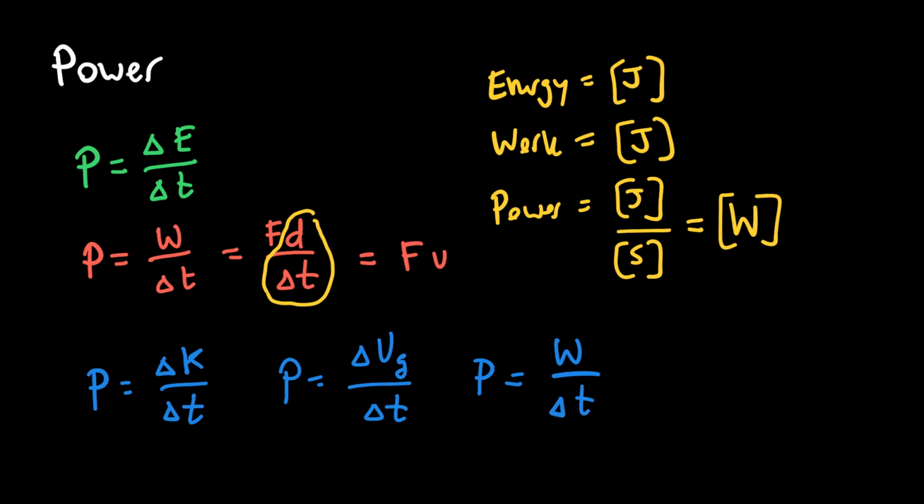And so the quicker that these things happen, the more quickly that I change the kinetic energy, the more quickly that the work is done on an object, the higher the power. And so there's a relationship between not just what's happening to the object, but how quickly it happens. And so we're able to express that with power in ways that we aren't able to with work or energy.